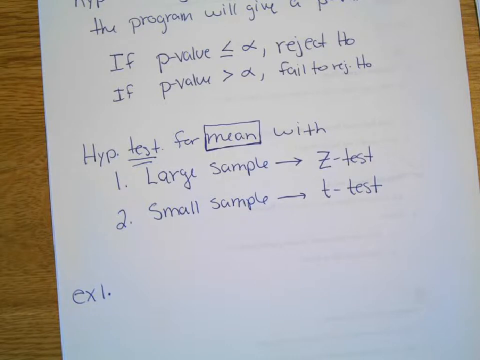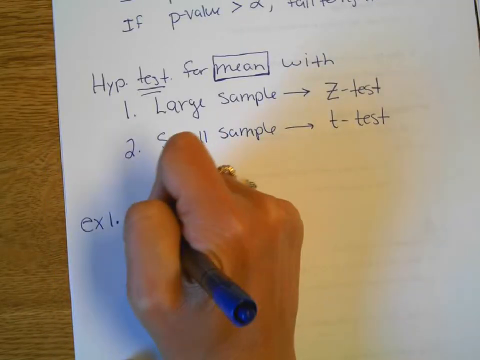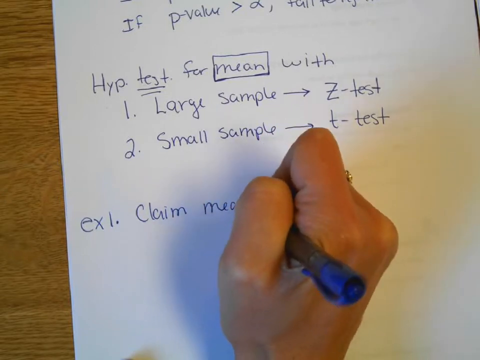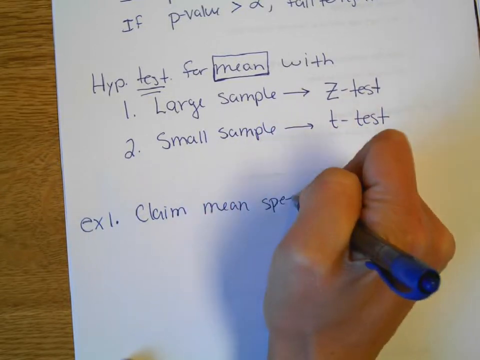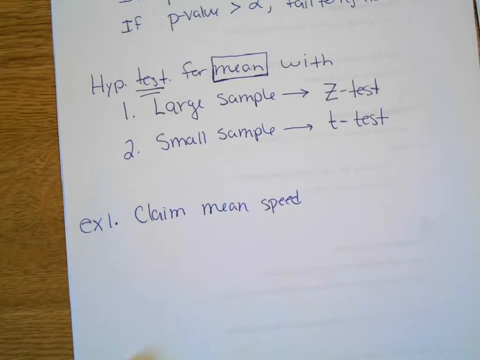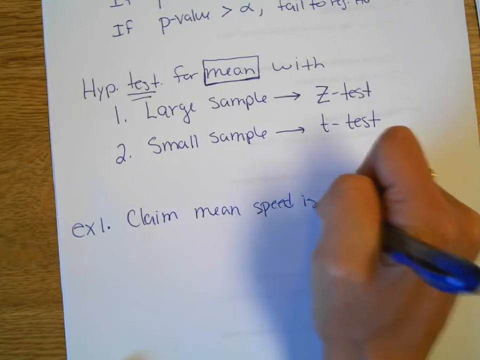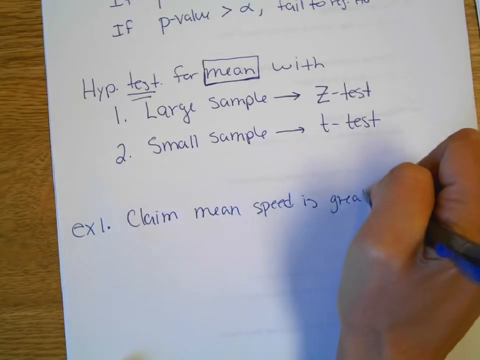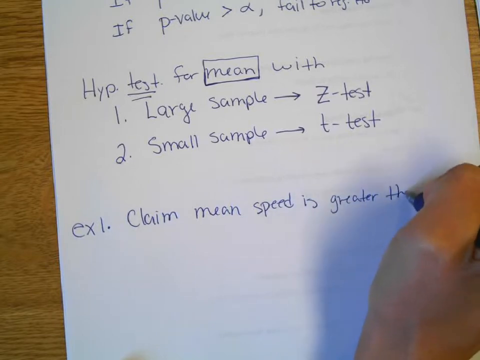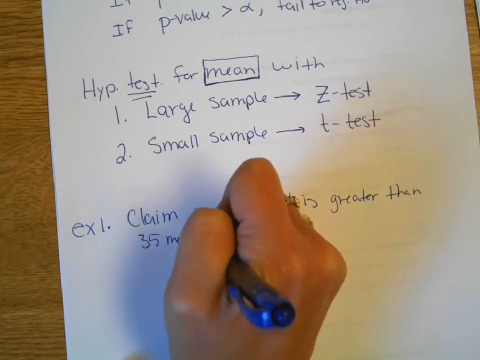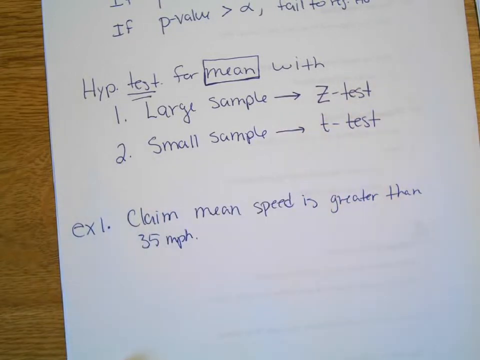Okay. The homeowners claim that the mean speed of automobiles traveling on their street is greater than the speed limit of 35 miles per hour. You're going to sample 100 automobiles.